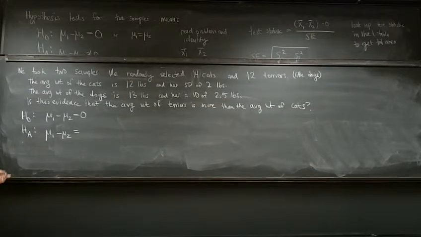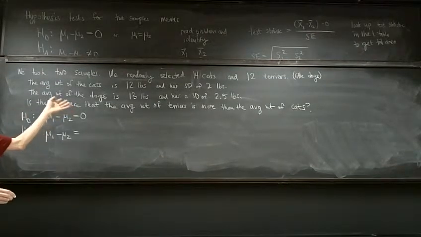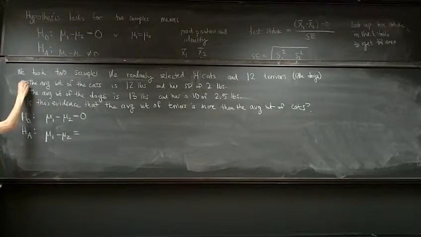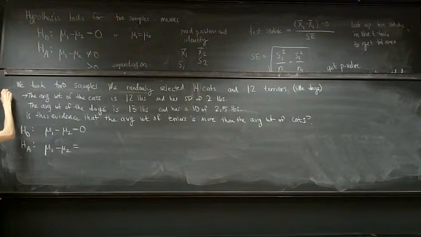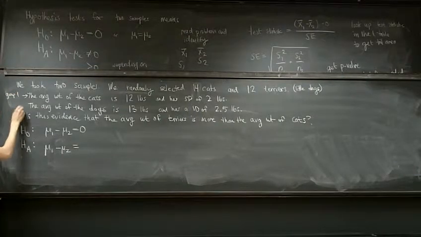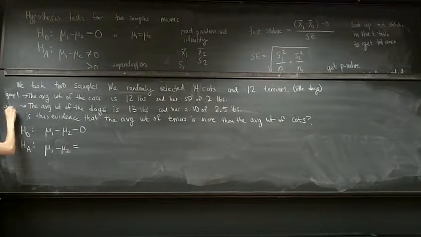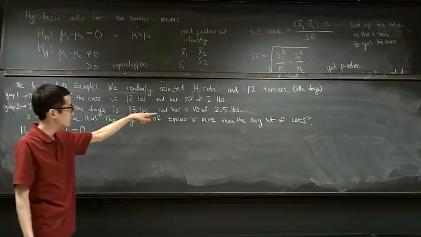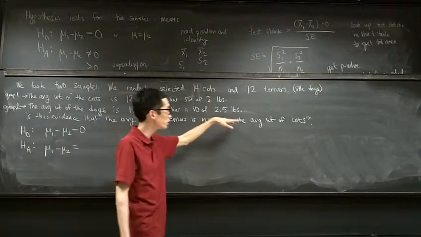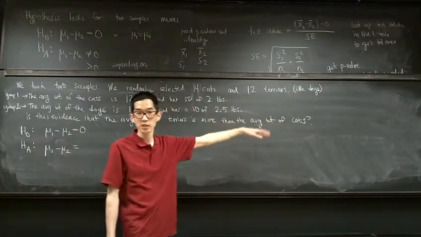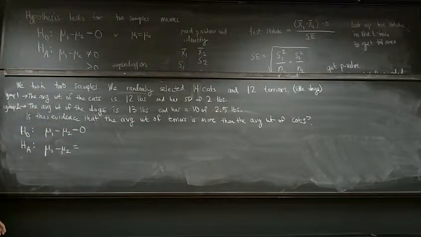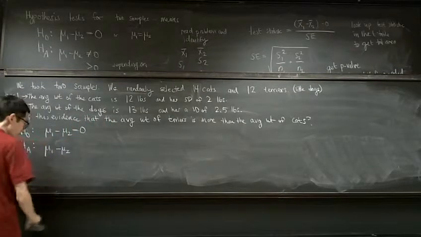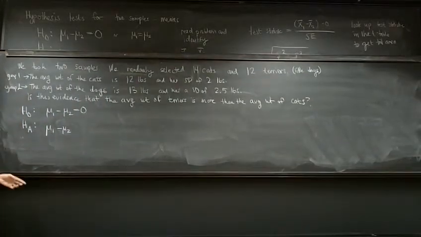Let's say mu1 is the cats, so cats will be group 1, and dogs will be group 2. In this case we're asking, is this evidence that the average weight of terriers, the dogs, is more than the average weight of cats? So for my alternative, do I want mu1 minus mu2 to be greater than, less than, or not equal to 0? Less than.